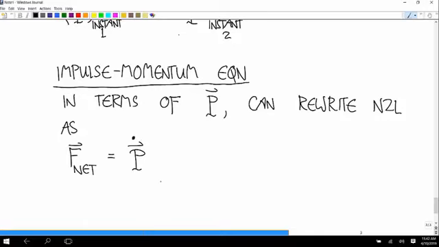Time derivative. Okay, because the linear momentum is the mass times velocity, the time derivative of the mass doesn't change. You know, the time derivative of the mass is 0. And so the time derivative of the linear momentum is just mass times acceleration. And that's what we had before, right?